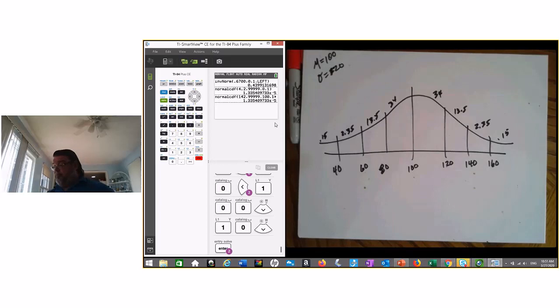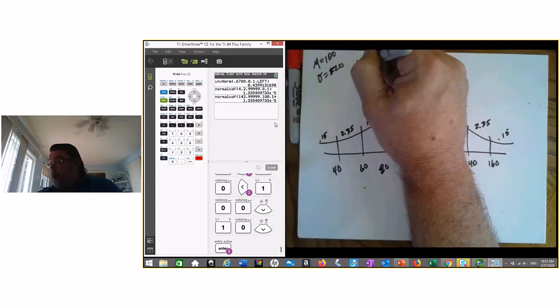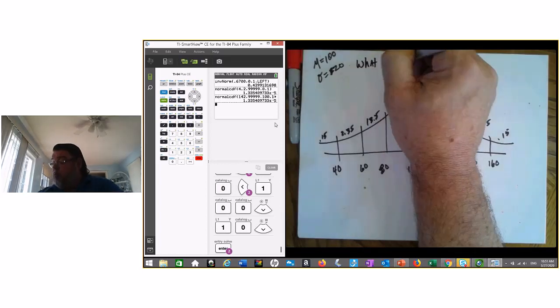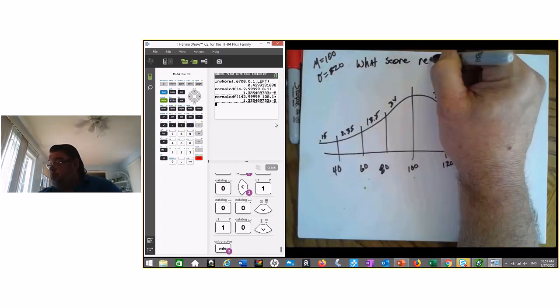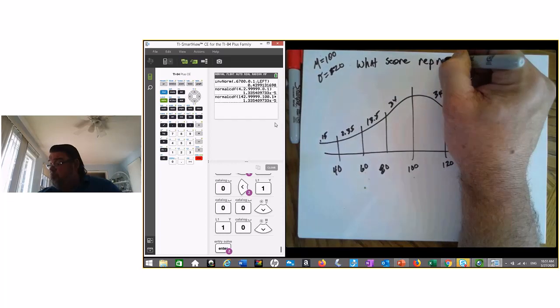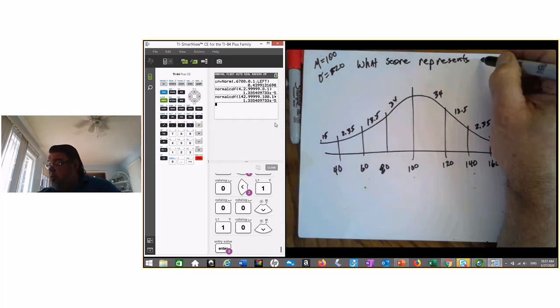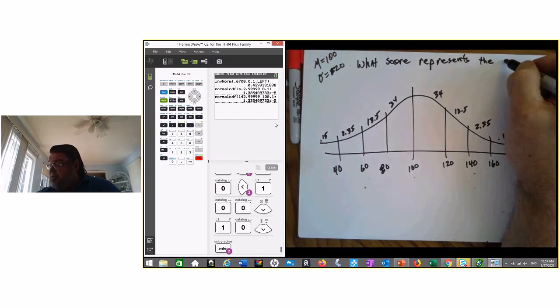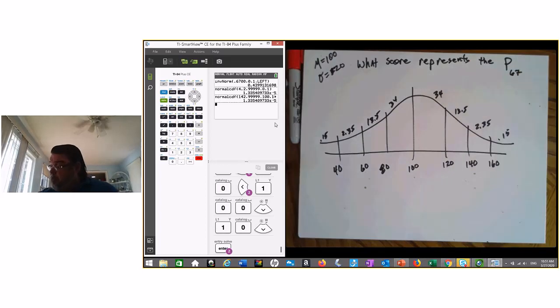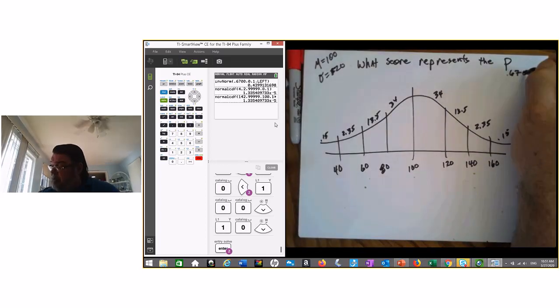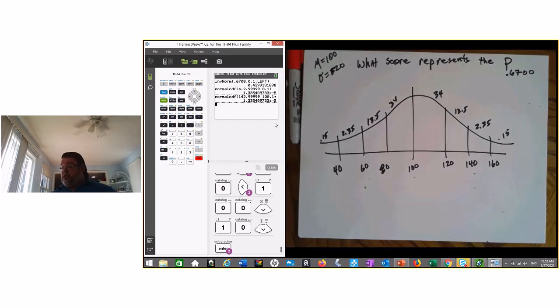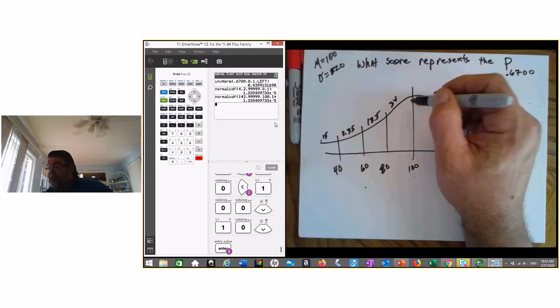All right, now the question is going to say, what score represents the 67th percentile? So that would be 0.6700. Of course, you know this is 50%.